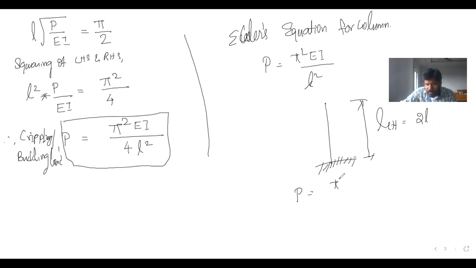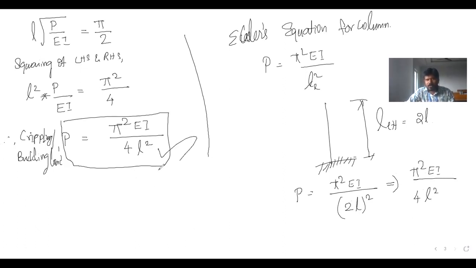P is equal to pi squared EI by L effective squared, so I substitute 2L squared. The equation changes to pi squared EI by 4 L squared. So this we got as the answer, and whatever we have done is correct.